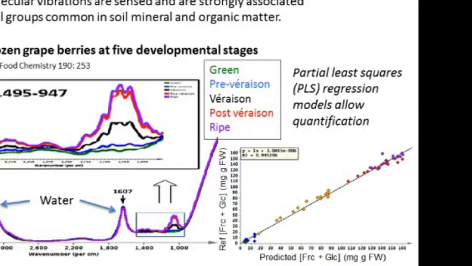We have this data here in the right-hand corner. You see the reference material analysis and the predicted fructose and glucose analysis, and the correlation is actually very, very strong. So it gives good hope that we can actually use the MIRS to analyze sugars in plant material.